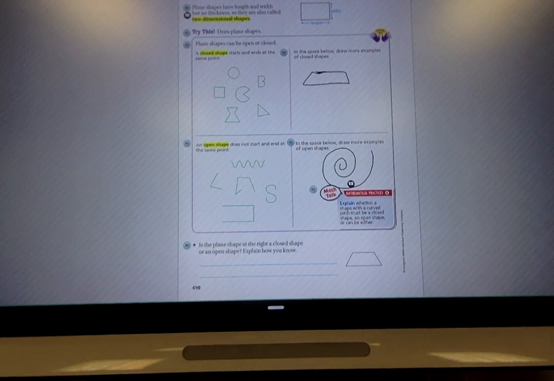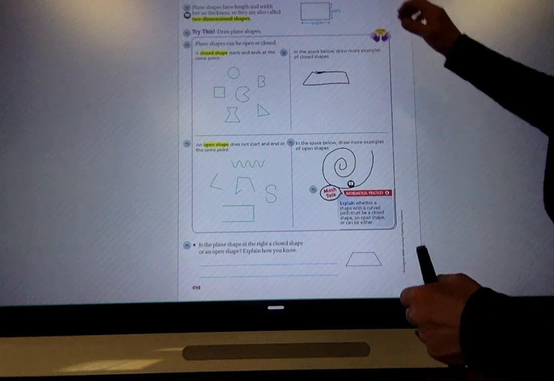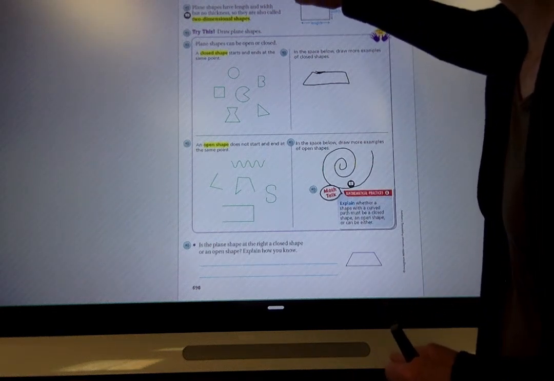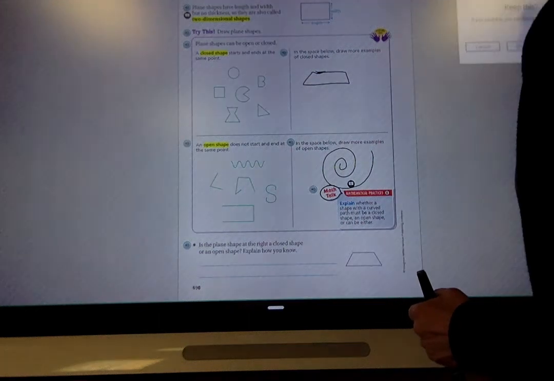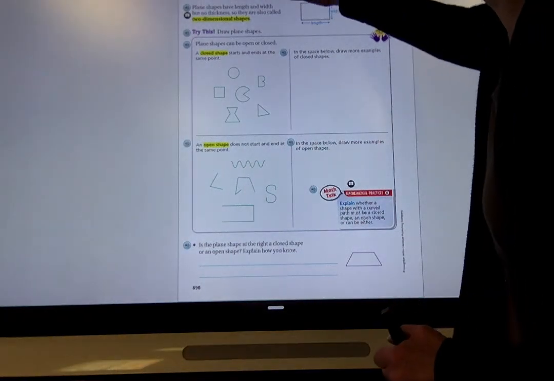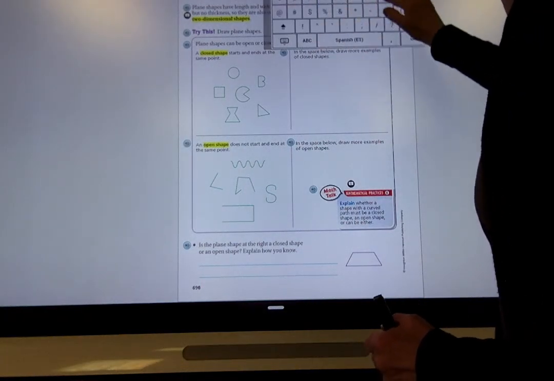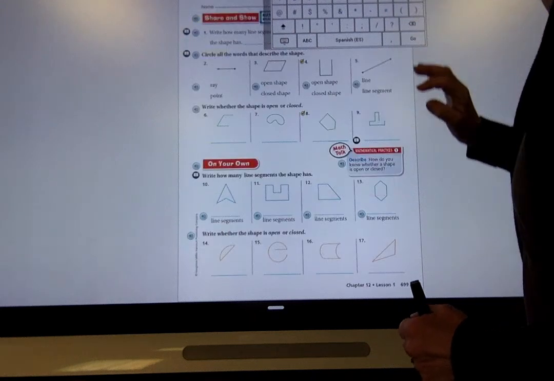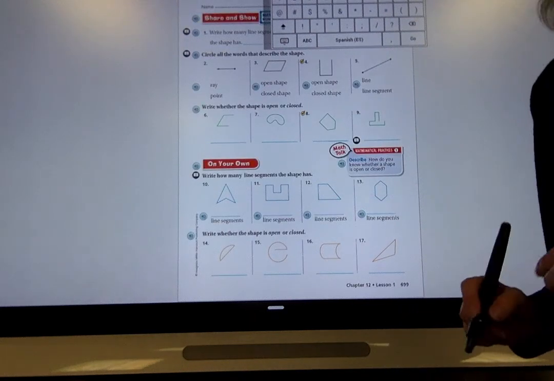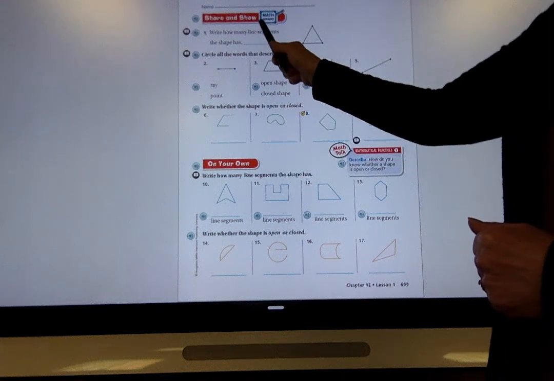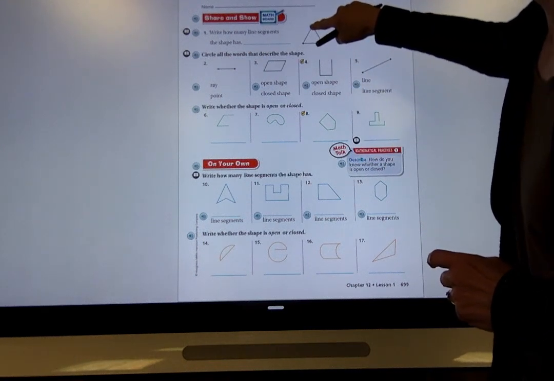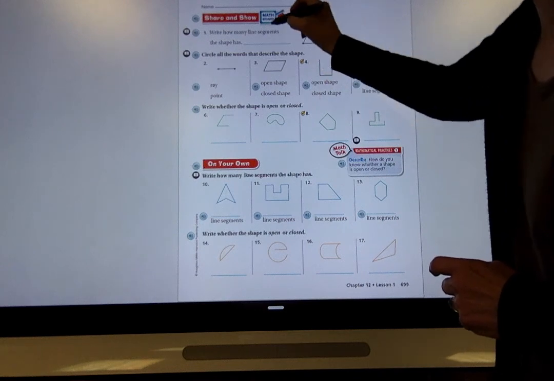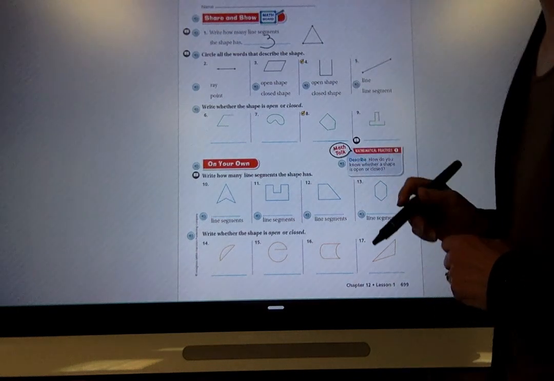Let's take a look at the next page where we'll practice a few things. 699. Whoops. Okay. Write how many line segments the shape has. I see 1, 2, 3. 3 line segments.